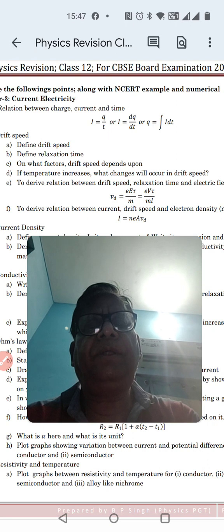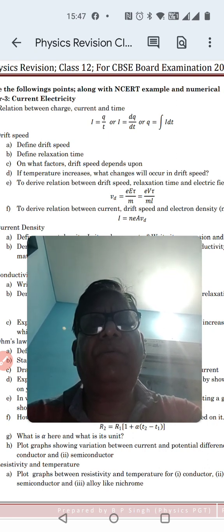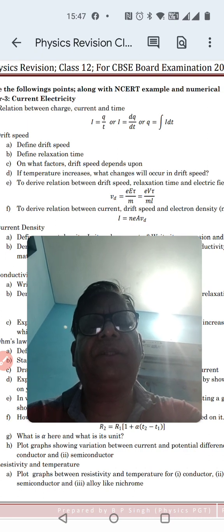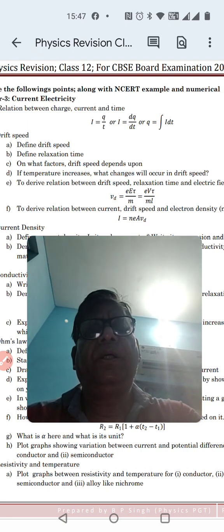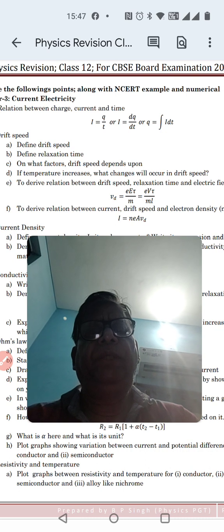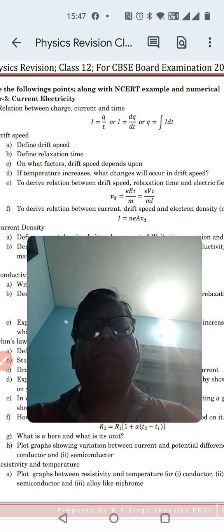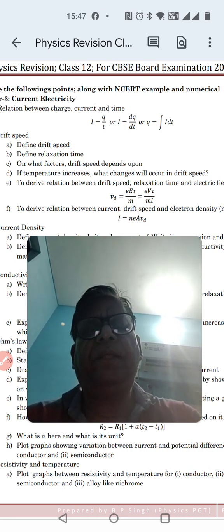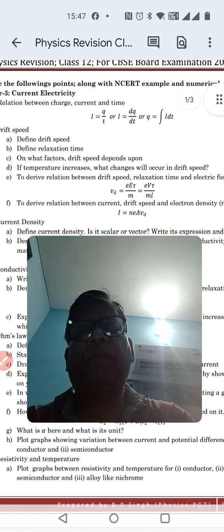Capital E will be electric field intensity in Newton per coulomb or volt per meter. Tau will be relaxation time. So E equal to V upon L also. V is the potential difference, L is the length of conductor.